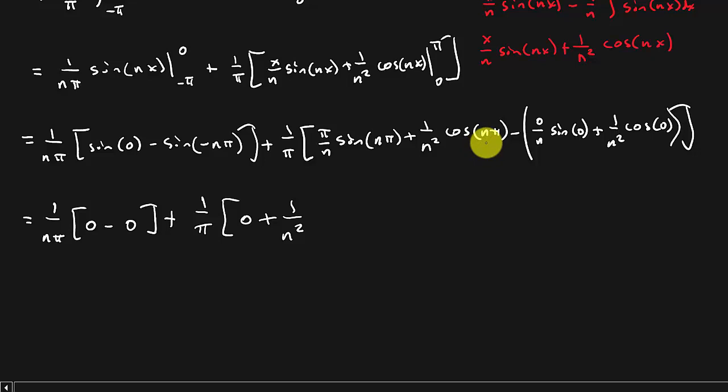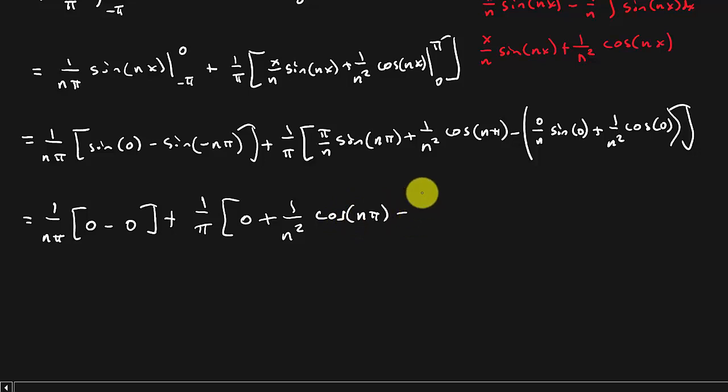What's the cosine of 2 pi? Cosine of 2 pi is 1. So the cosine of pi is negative 1. The cosine of 2 pi is positive 1. What do you think the cosine of 3 pi is? Negative 1. What's the cosine of 4 pi? 1. So it's going to change depending on what n is. So we can't really do anything with that. We're just going to leave it cosine n pi.